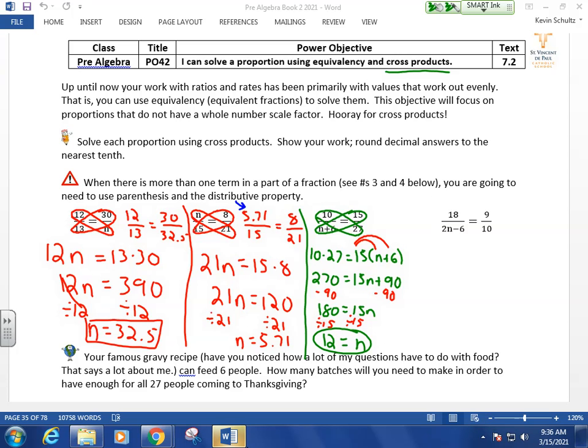Okay. If we wanted to check this, my first fraction isn't going to be 10 over 12. What's the denominator of that first fraction going to be? If I want to check this, I solved for n to be 12. What's the denominator of that first fraction going to be?